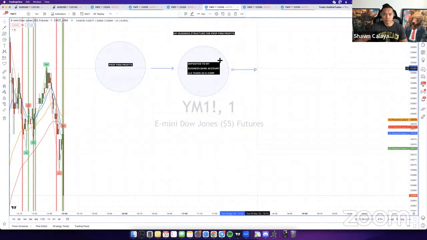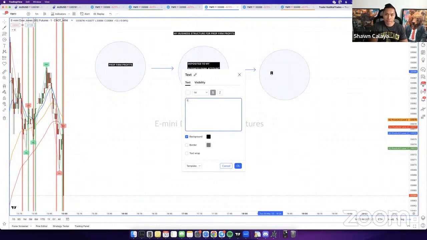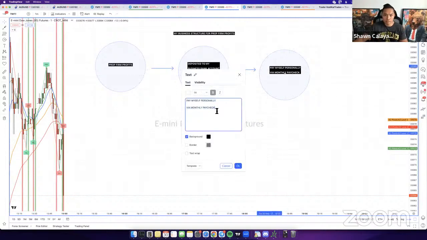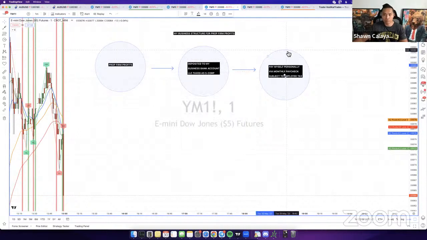And then from here, I pay myself personally via monthly paycheck. It's subject to employee tax, but you're going to get way better bang for your buck this way.